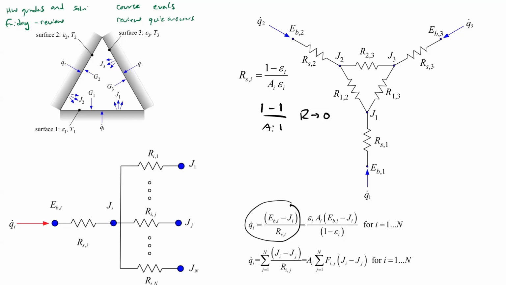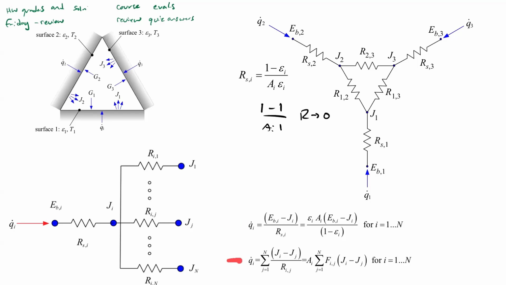So when we introduce radiosity, now we have this additional set of variables. We have the E_Bs we don't know, we have the Js we don't know, and we have the Qs we don't know. So we had to do an energy balance on, first of all, this surface resistance. That gives us an equation. That's a new set of equations compared to the black body.